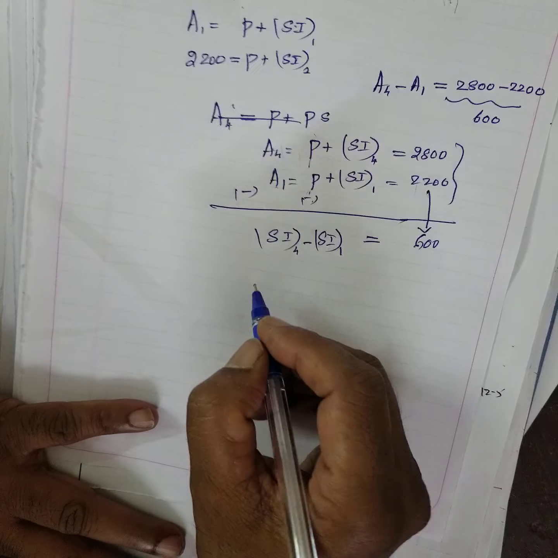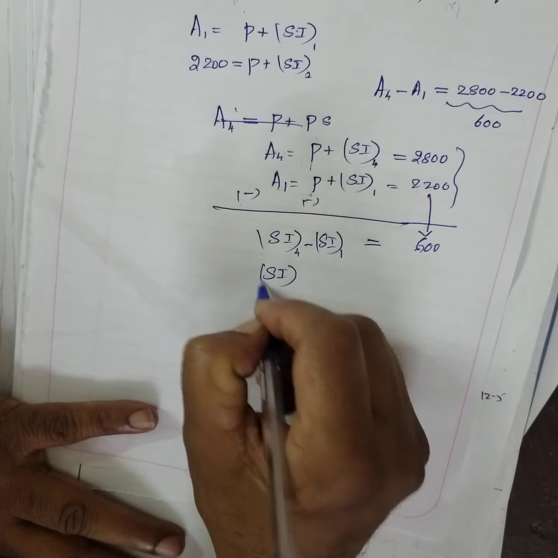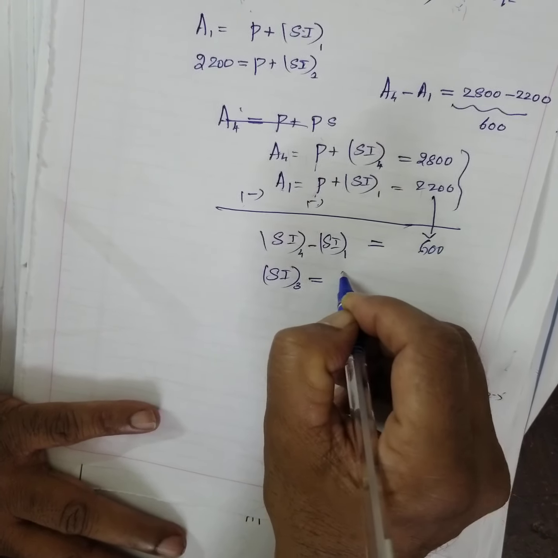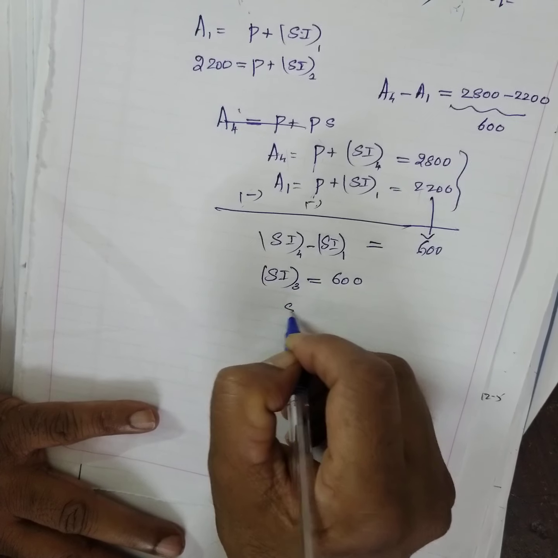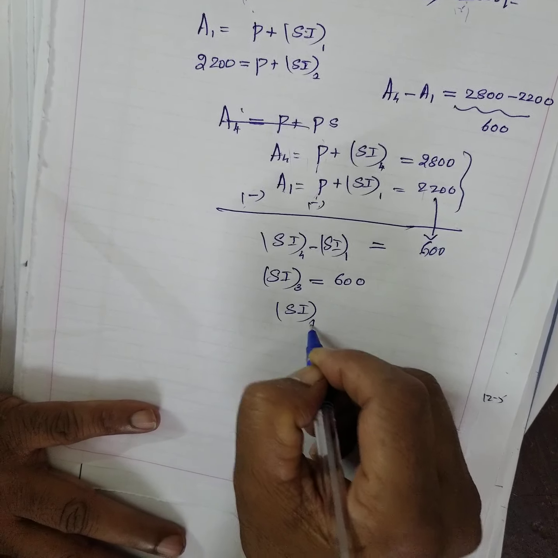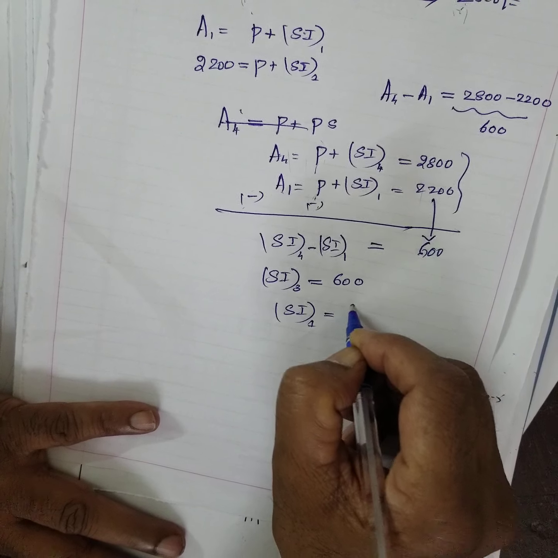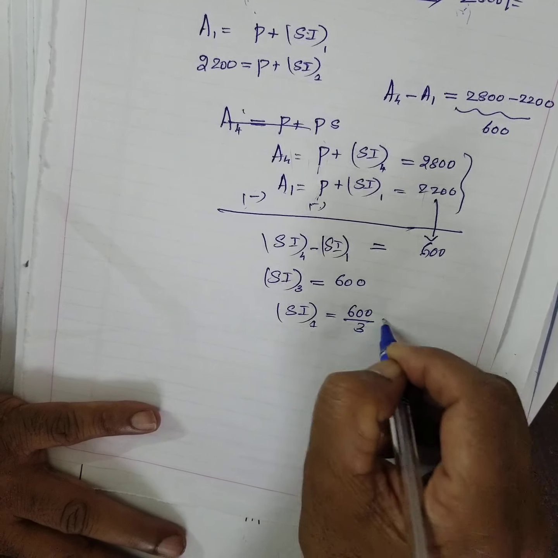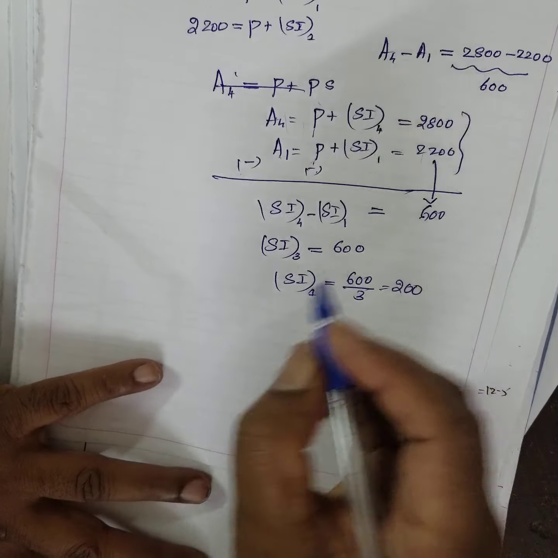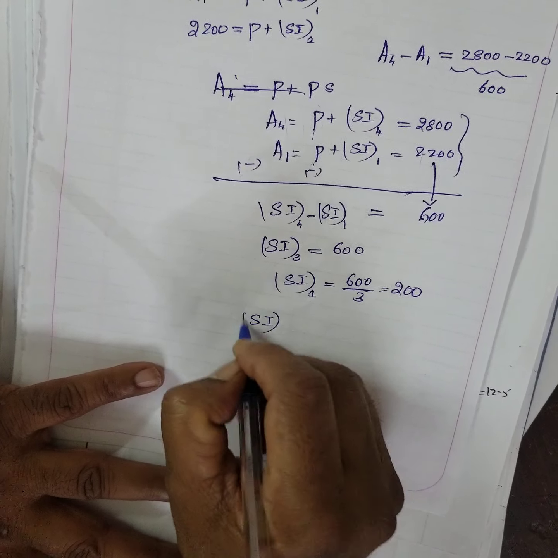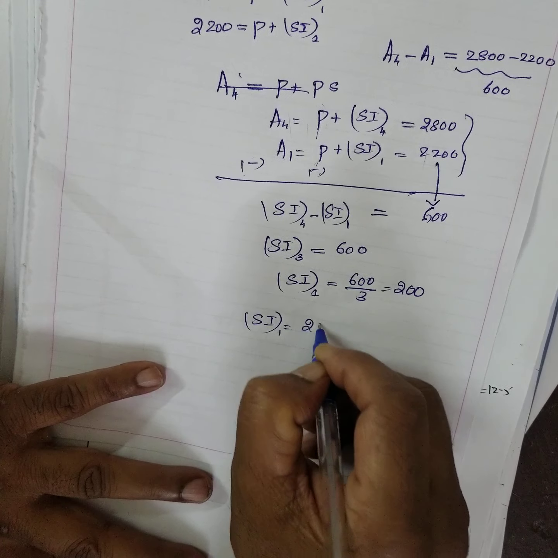That was simple. That is, simple interest for 3 years is equal to 600. Therefore, simple interest for 1 year is how much? 600 by 3. That means 200. Simple interest for 1 year is equal to 200.